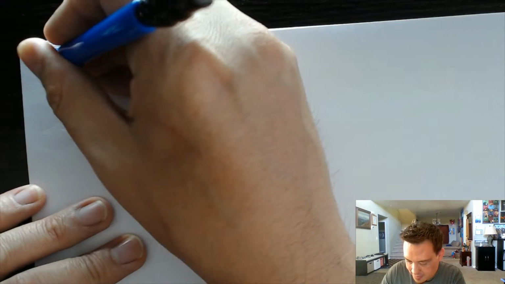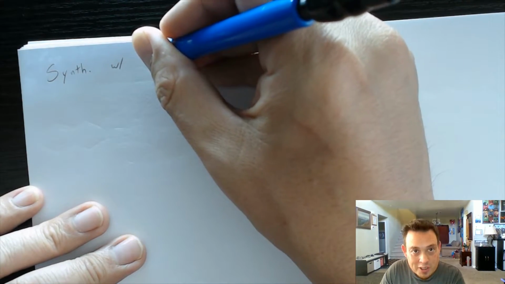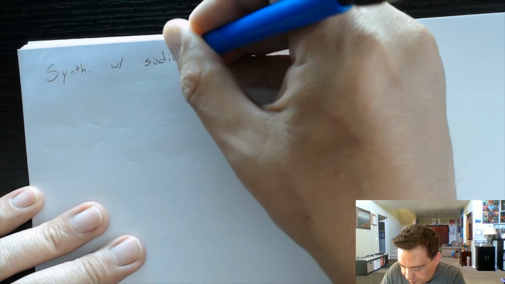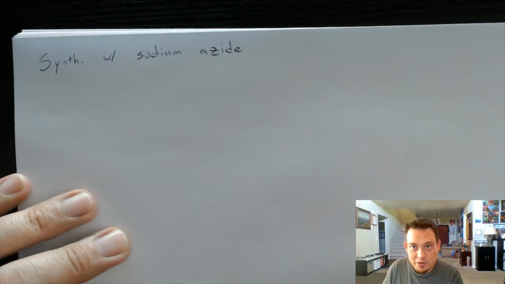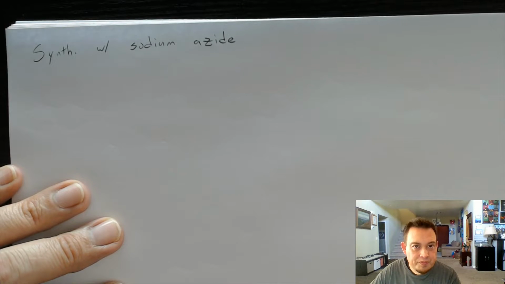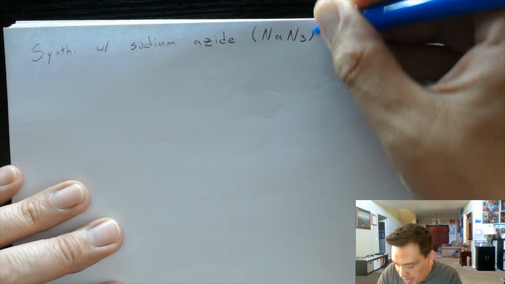The next one I have here for you guys is synthesis with sodium azide. So we have a new reagent here to work with, and this is NaN3.